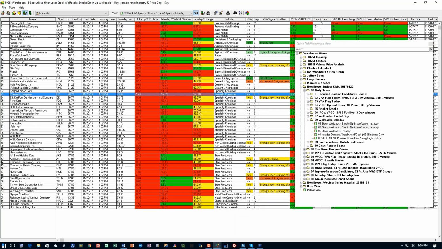It was in specialty chemicals and also steel producers. Like I said, you can do this anytime during the day. I don't know how many of you look at stocks during the day, but if you're looking for potential trades, this is the way to do it. So just use the Wolfpack view.